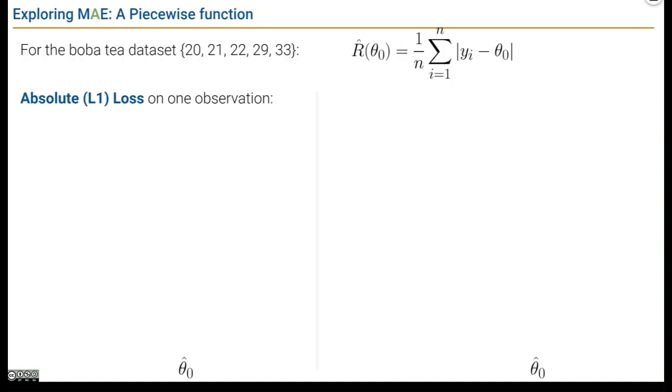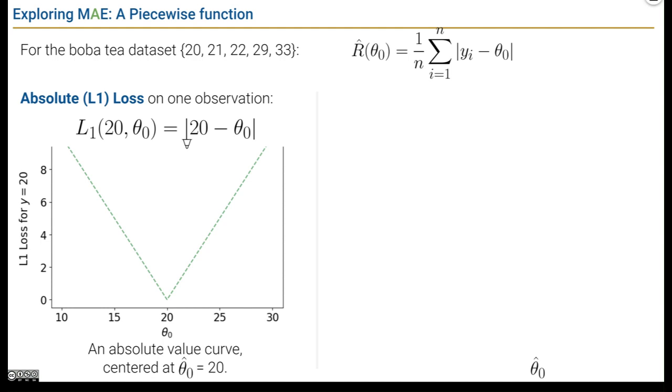Let's look at it visually first. So let's look just at what happens with our absolute loss on our first observation. If I plot this function, this is an absolute value. So this is a piecewise linear function, looks like this v. And if I only have this function, then the min will occur when theta naught is 20. But this is not my only observation.